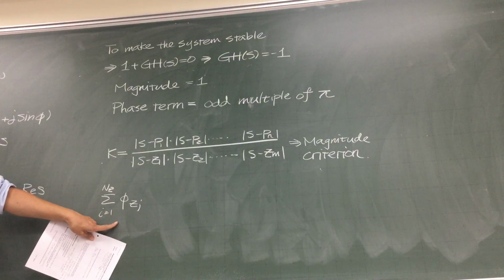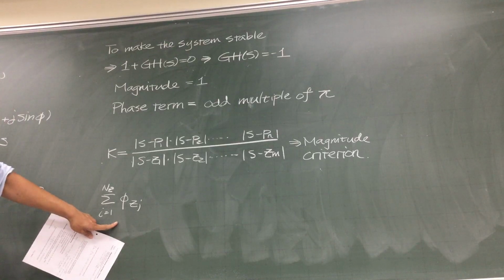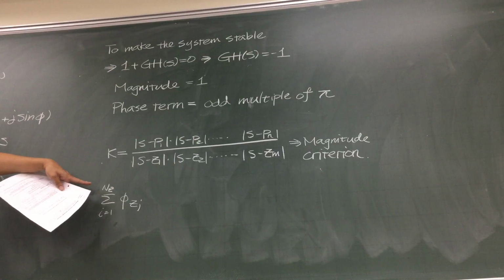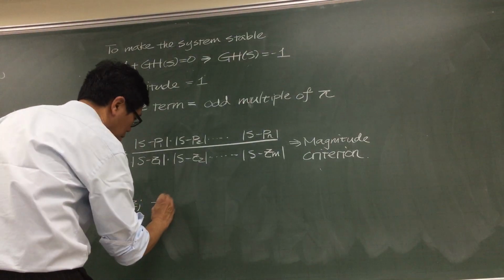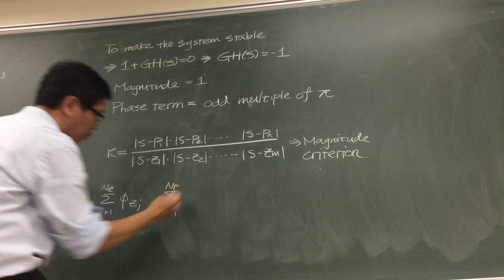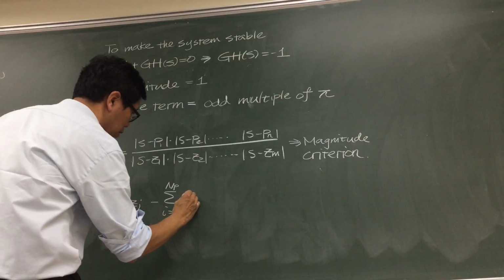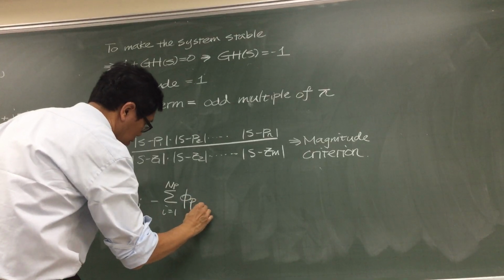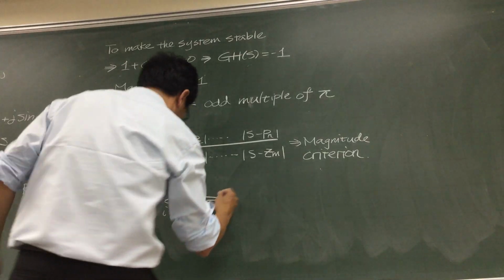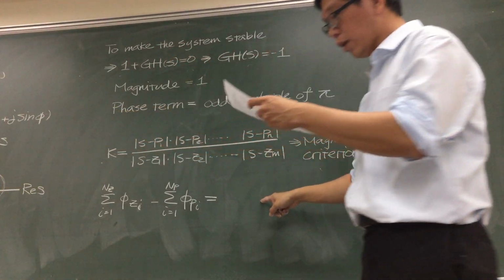If you add all the phases of the zeros together, in this case I'm using n, but in your textbook, I think it's nz, minus the phase part, equals what?